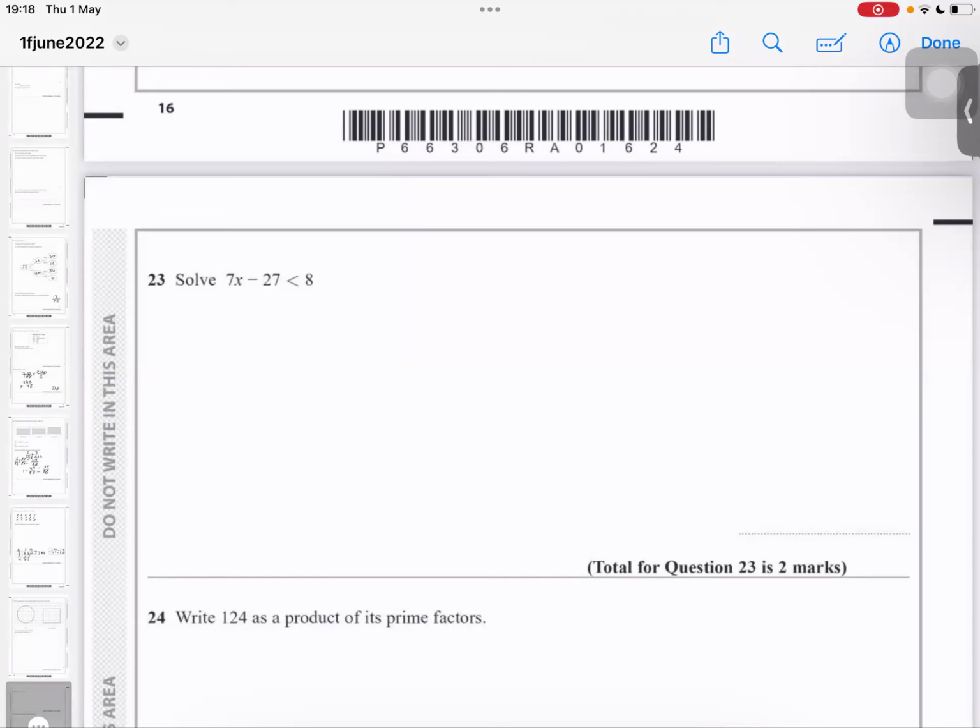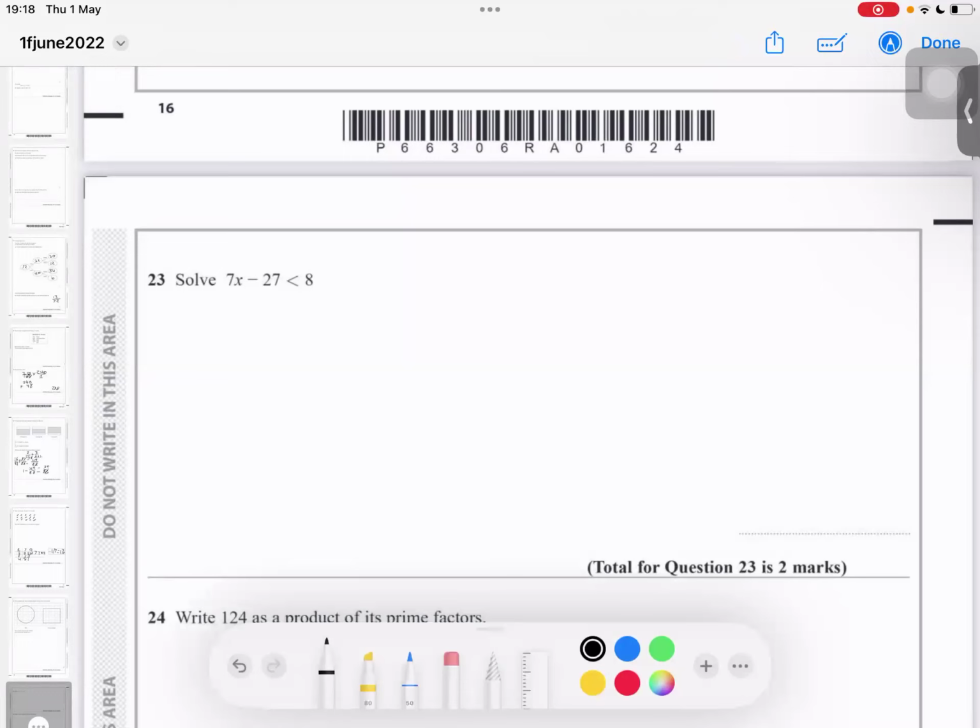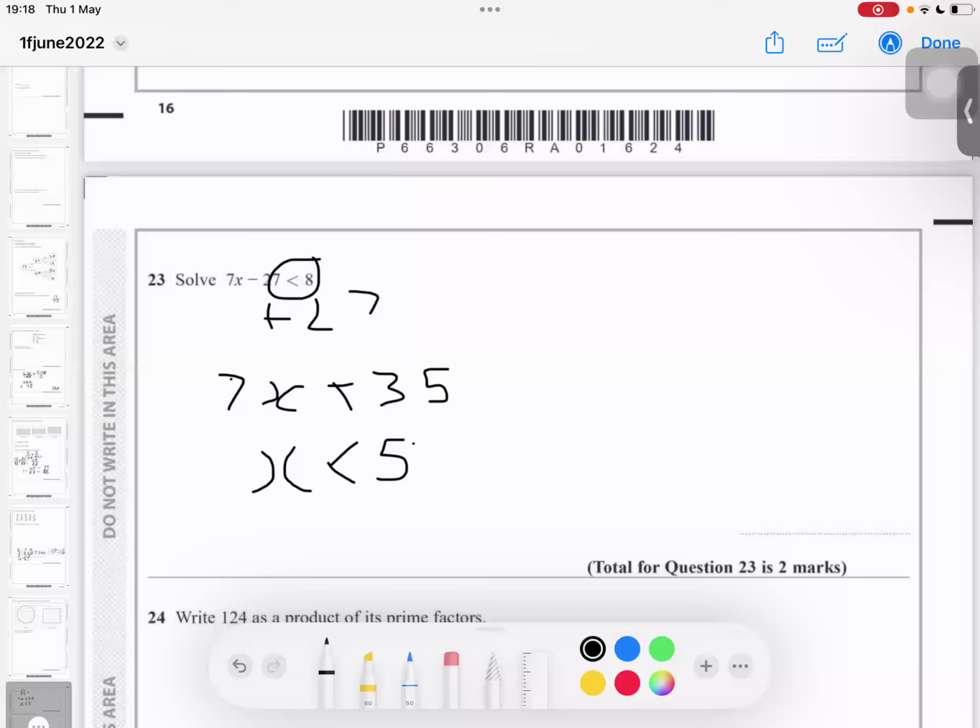Okay. Perfect. Perfect. Yes, x less than 5. Okay, yes, that's fine. Okay, let's move on to the next one.